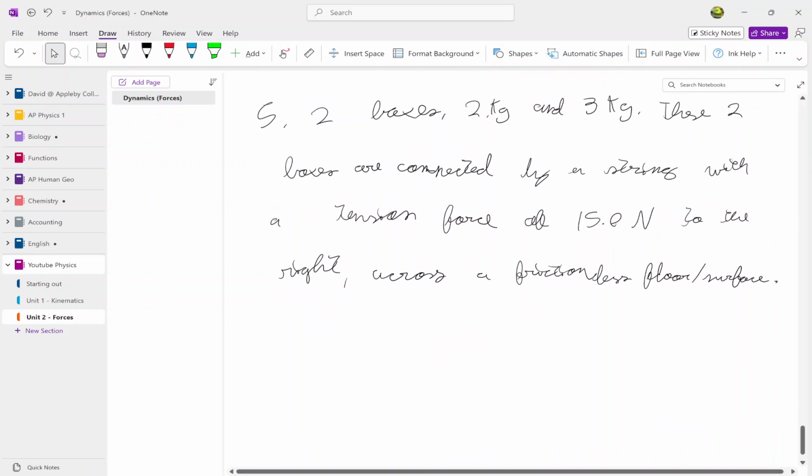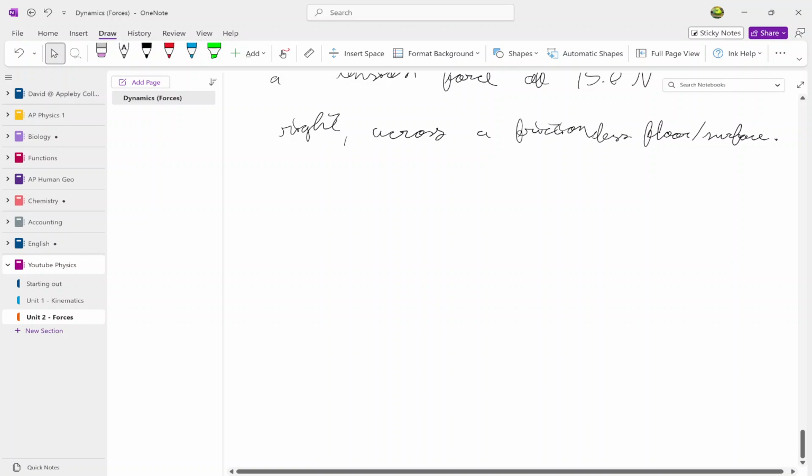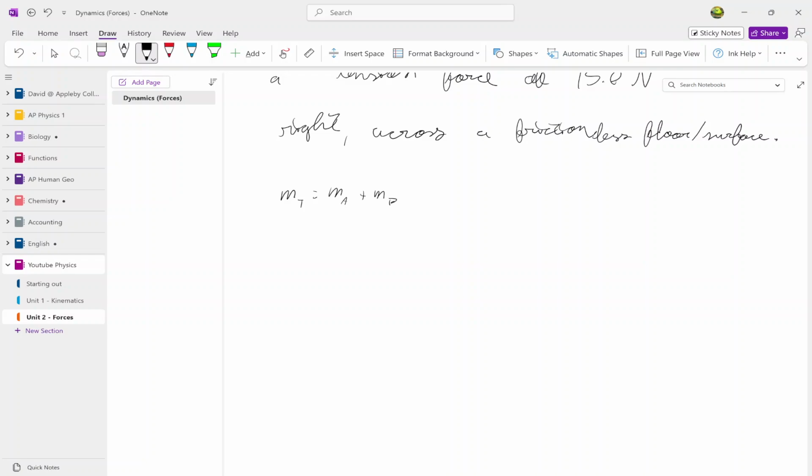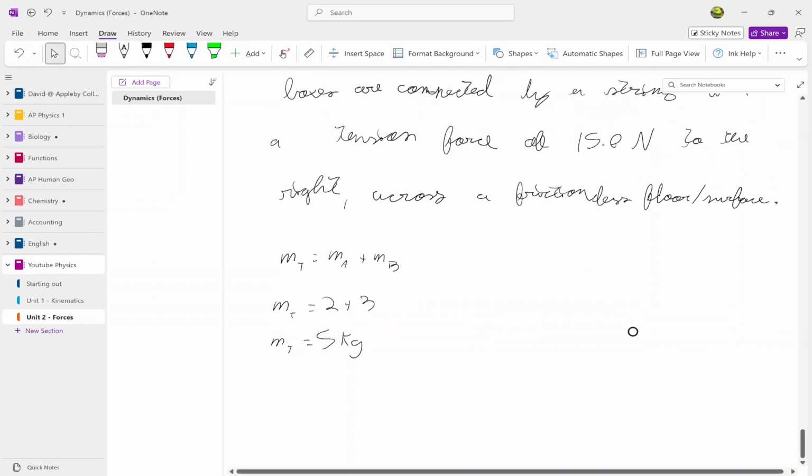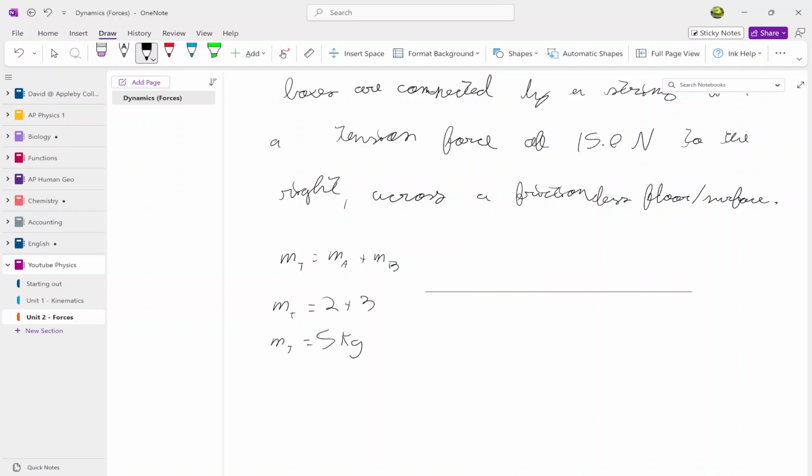Well, the easier way to do it would be to combine these two masses. So you'll have M total, which equals MA plus MB, which equals 2 plus 3, so MT equals 5 kg. There you go. That's simple. Okay, so you can just draw a diagram if you want.